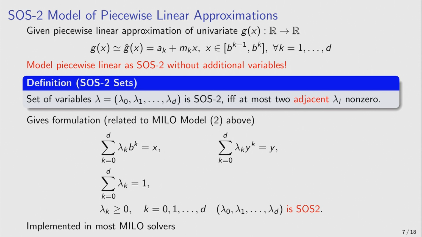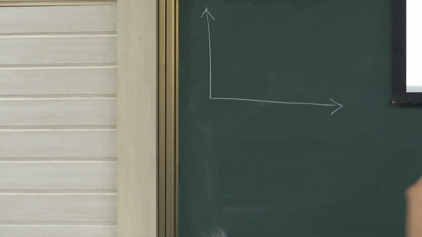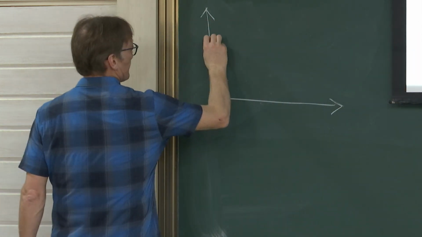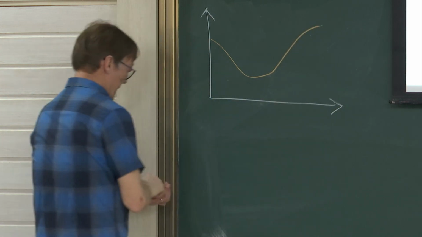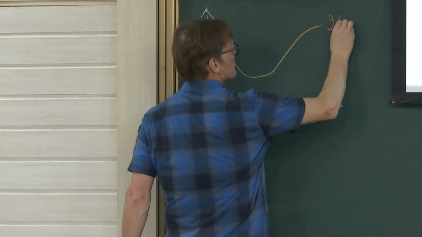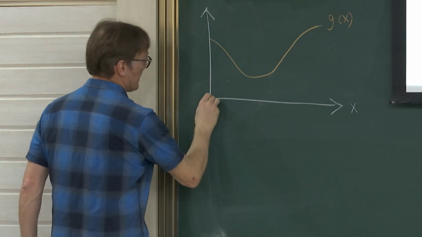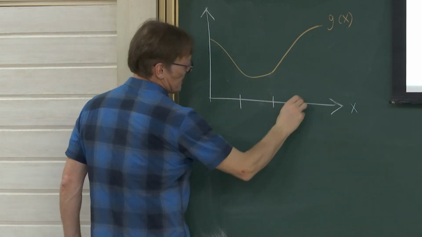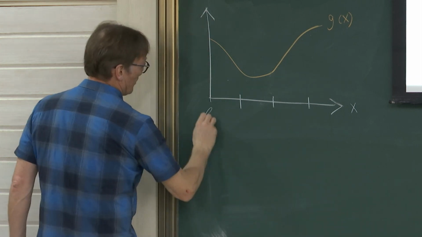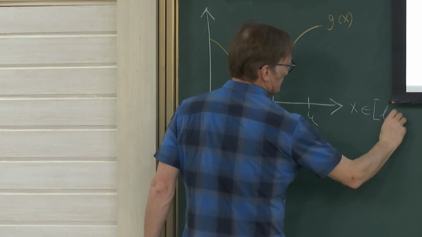So I have, let's see if I can do this on this picture here. So I have a nonlinear function, and this is my nonlinear function g of x, and this is the x-axis here. I start off by discretizing between my lower bound and my upper bound. So I'm assuming that x is a bounded variable.